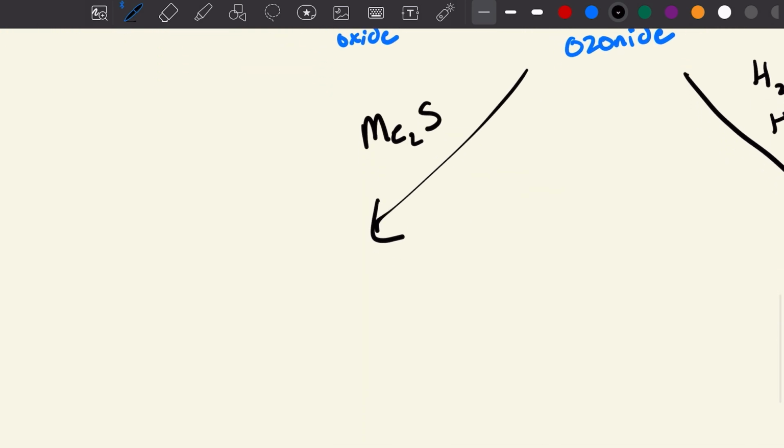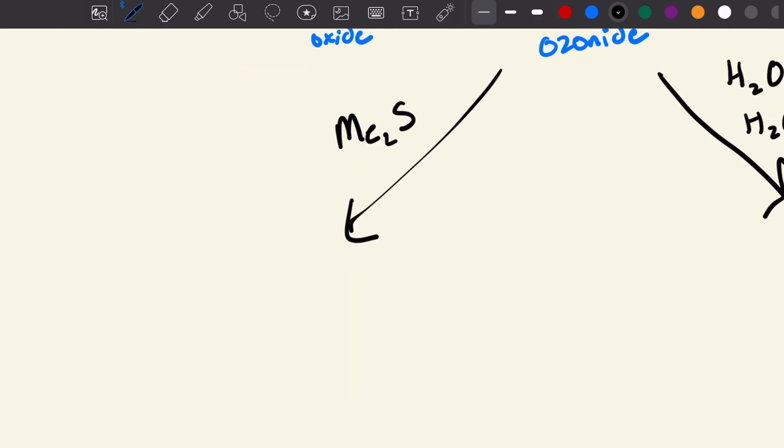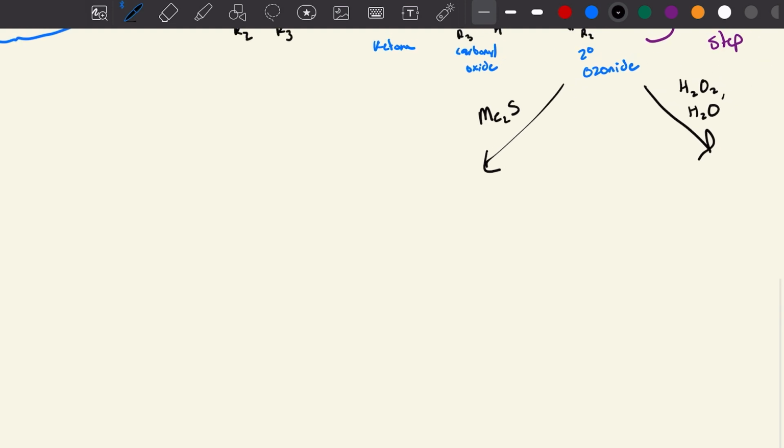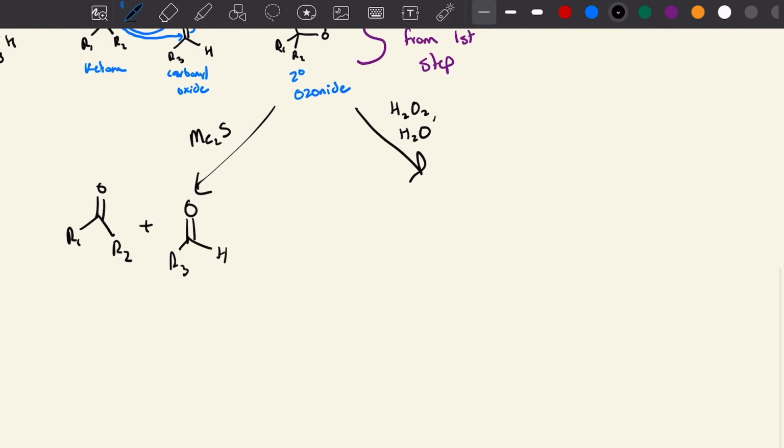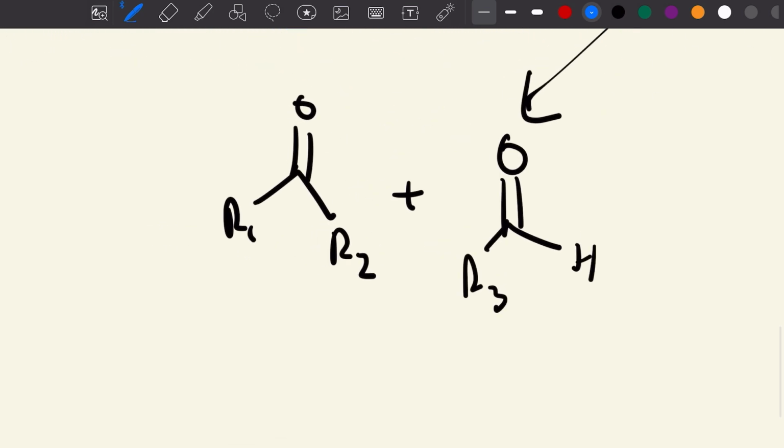And if you reduce this, you will form your ketone, your aldehyde. Let me just write that out. This makes it easier to see.